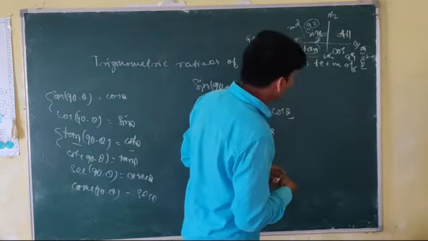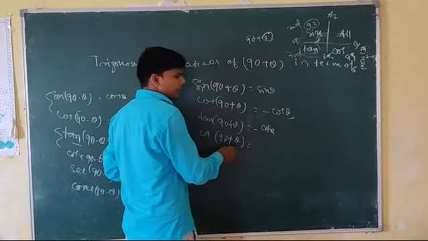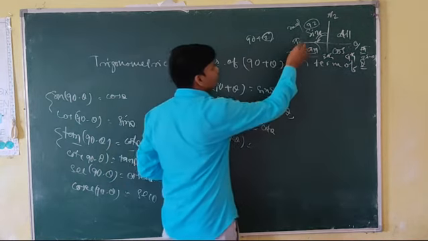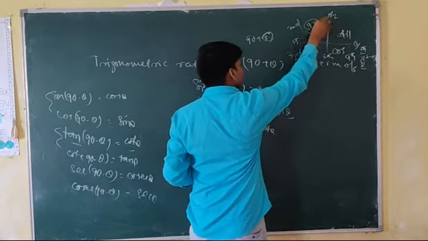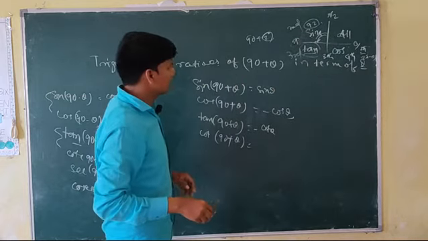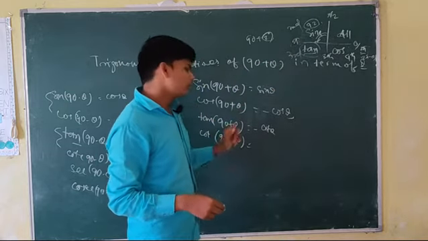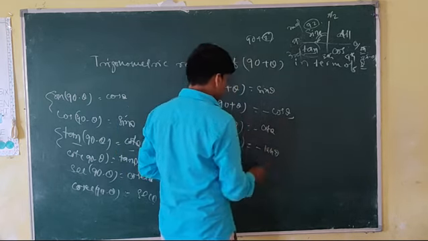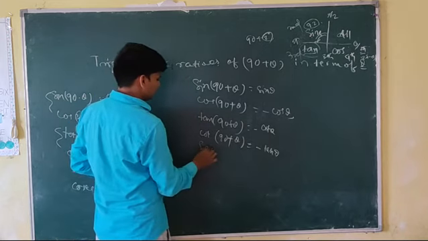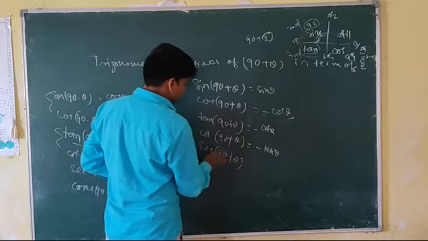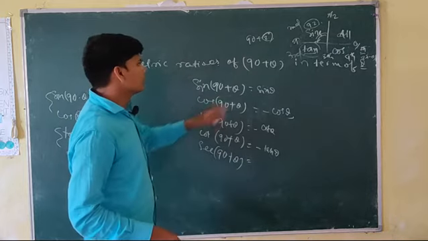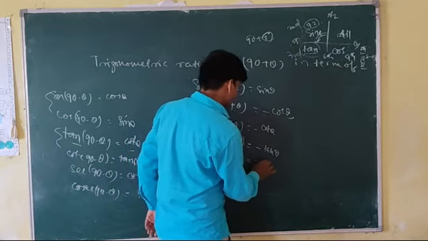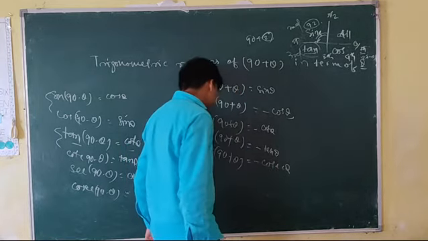Because cot of 90 plus anything, 2 degrees, 3 degrees, 4 degrees, will fall in the second quadrant, and the value of cot there is negative, so minus tan theta. Clear? Thereafter sec(90 + theta). Here only sine and cosec are positive, the rest are negative, so this will be minus cosec theta.